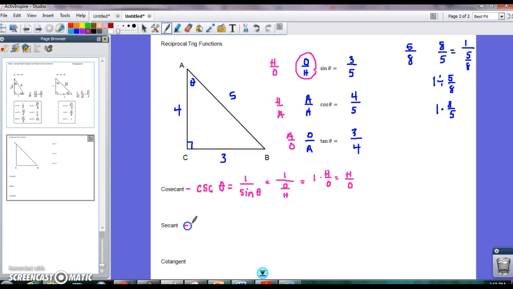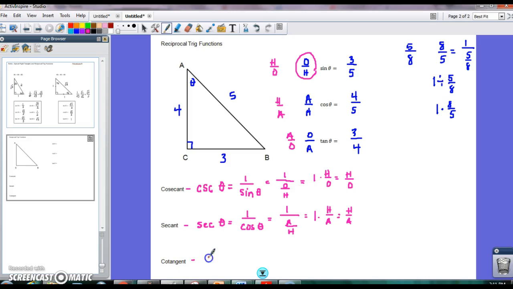Your secant, abbreviated SEC, so secant theta, is the reciprocal of your cosine function. So it would be 1 over the cosine. Well, I know that cosine is adjacent over hypotenuse, and when I take the reciprocal of that, I end up with hypotenuse over adjacent.